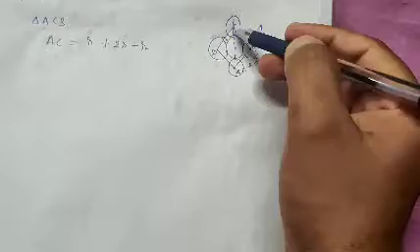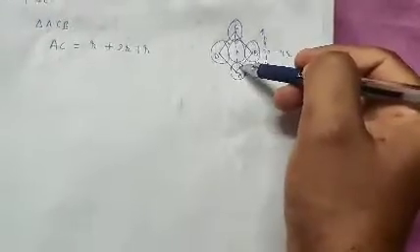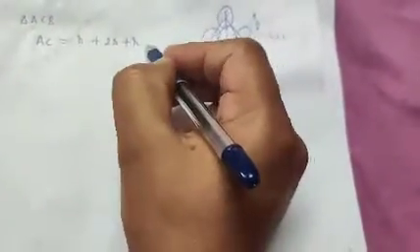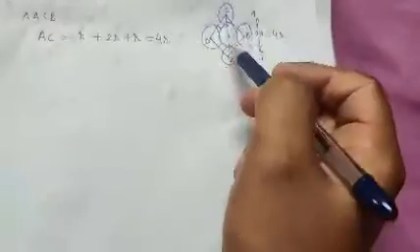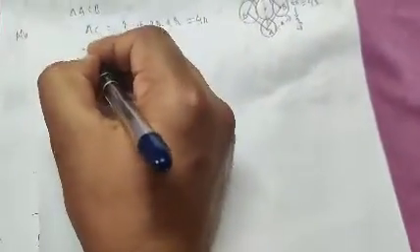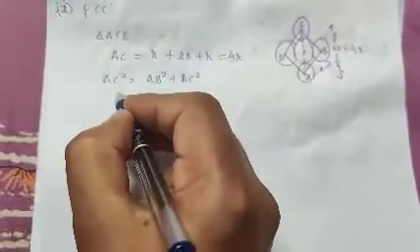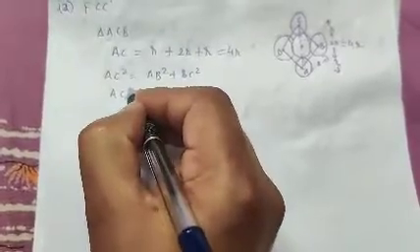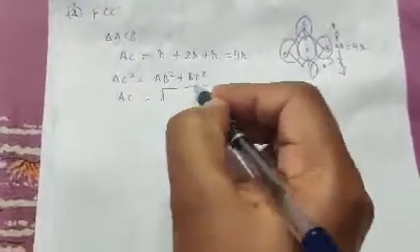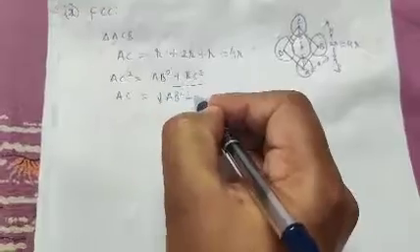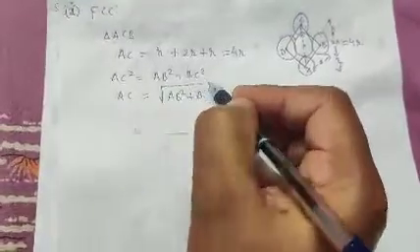So AC is r plus 2r plus r, that is 4r. Now from this picture we have AC square will be AB square plus BC square. So this can also be written as AC is equal to under root AB square plus BC square.